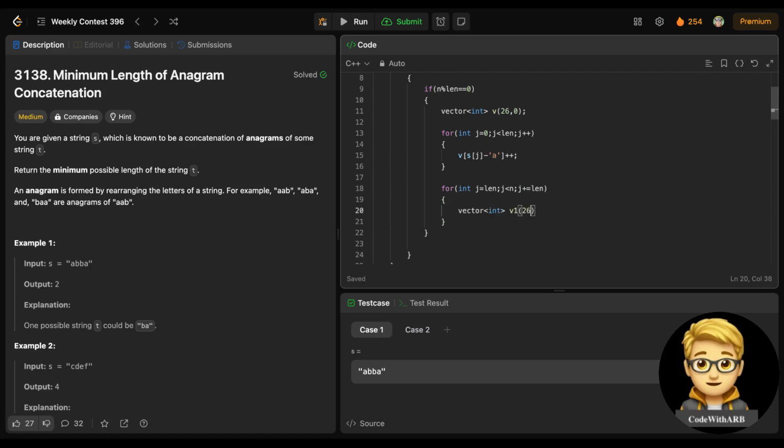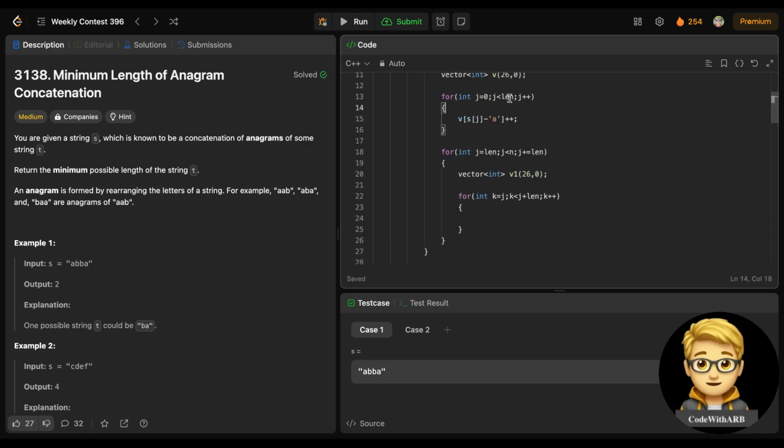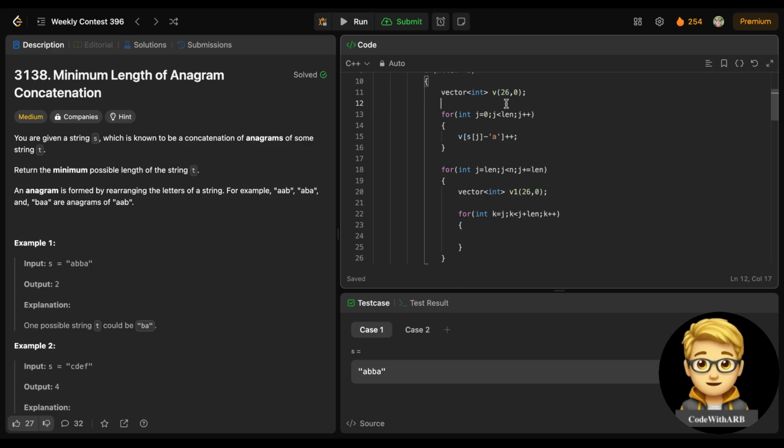And for every length part I need to store all this. So we will start iterating from this j, then this k should be j plus length. Why j plus length? Okay, this should start from this length part, right? So suppose we have chosen this length as 2.